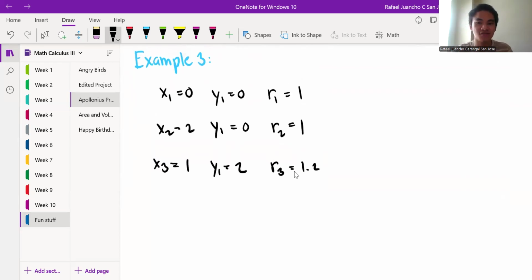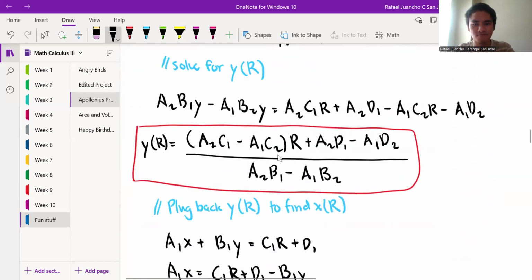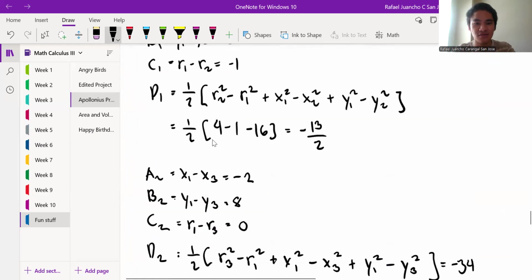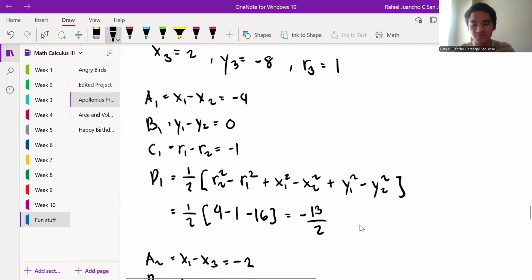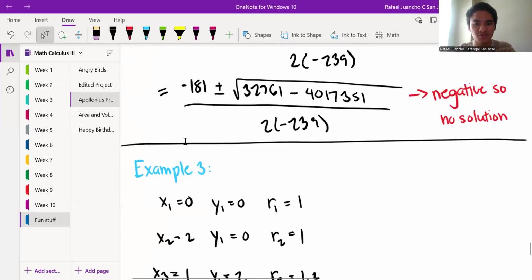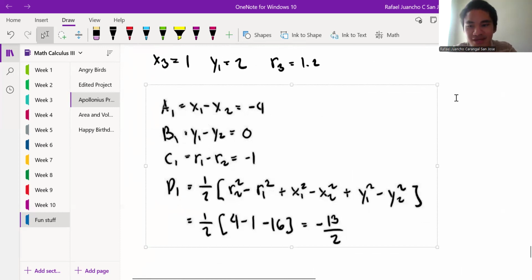Okay, let's actually try and see if this works. So I go again to my y of r. Actually, let me just derive everything. Here's what I'm gonna do: I'm just gonna copy paste and then plug in everything I know. That's quicker, right? Because we're lazy.